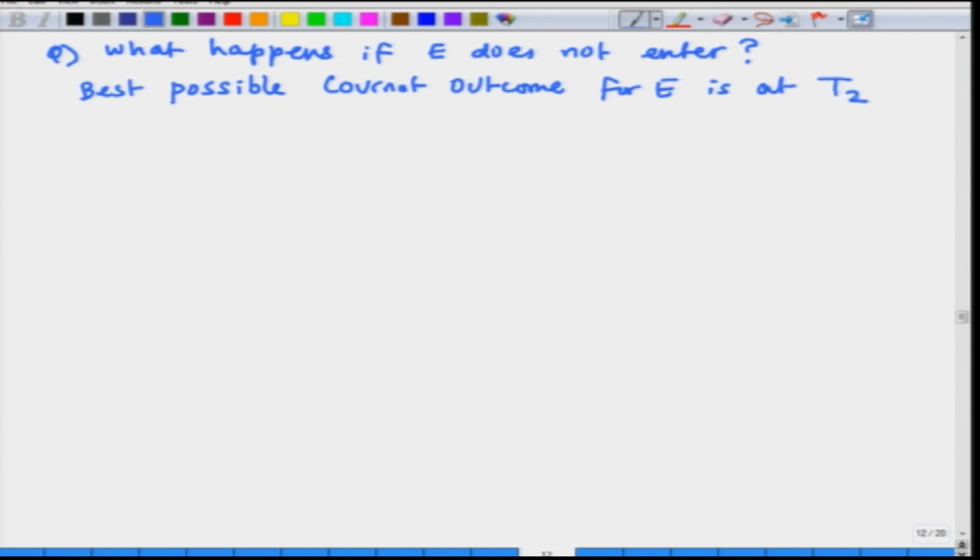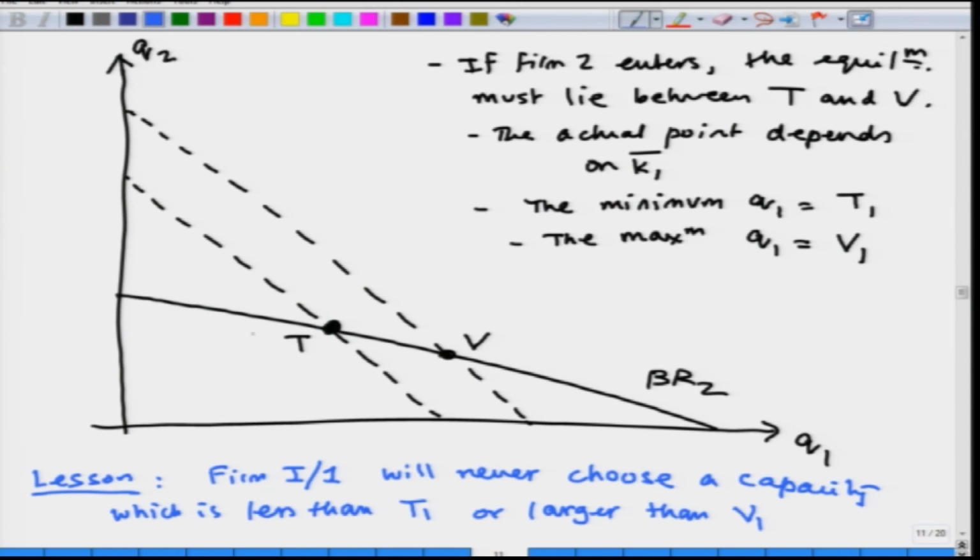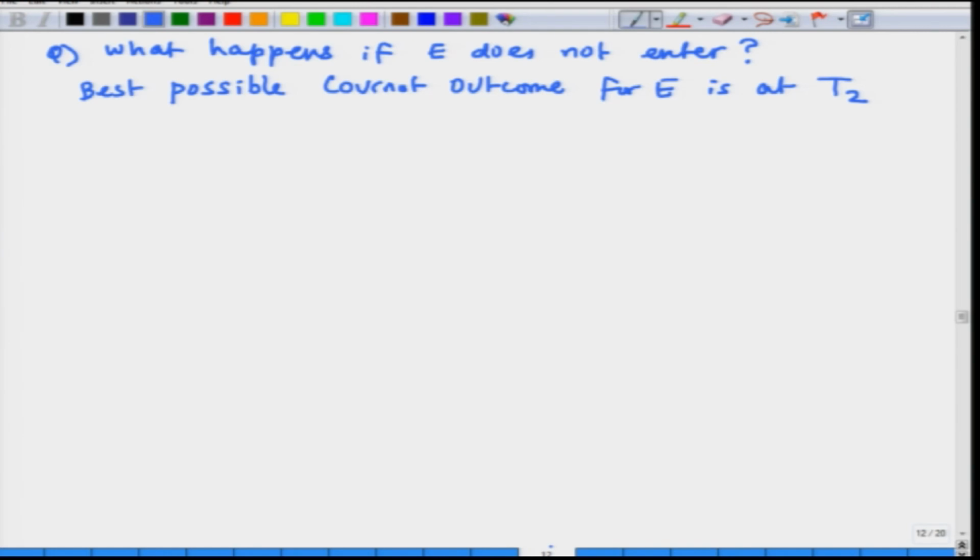So, when I say T2, what I mean is the output which is produced at this particular level. Now, if the fixed cost of firm 2 is such that the profit at T2, which is its best possible outcome, turns out to be negative, then the entrant will not enter, right.